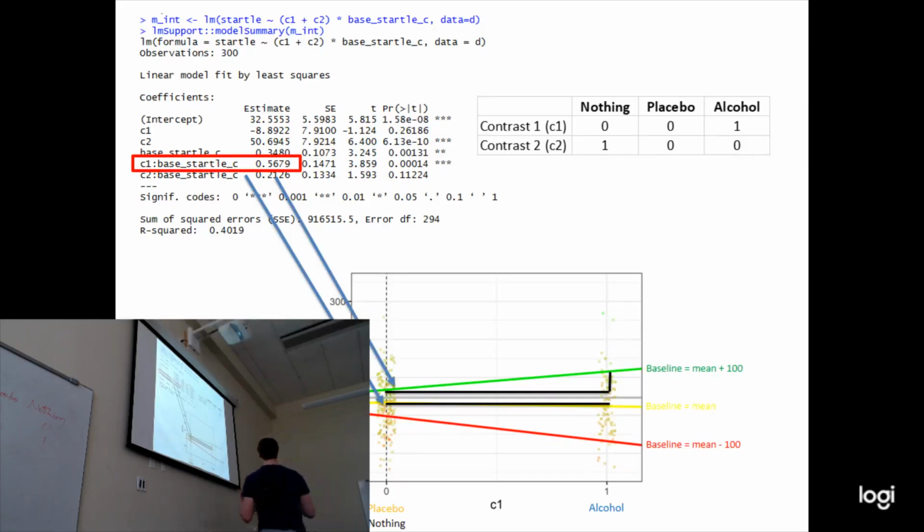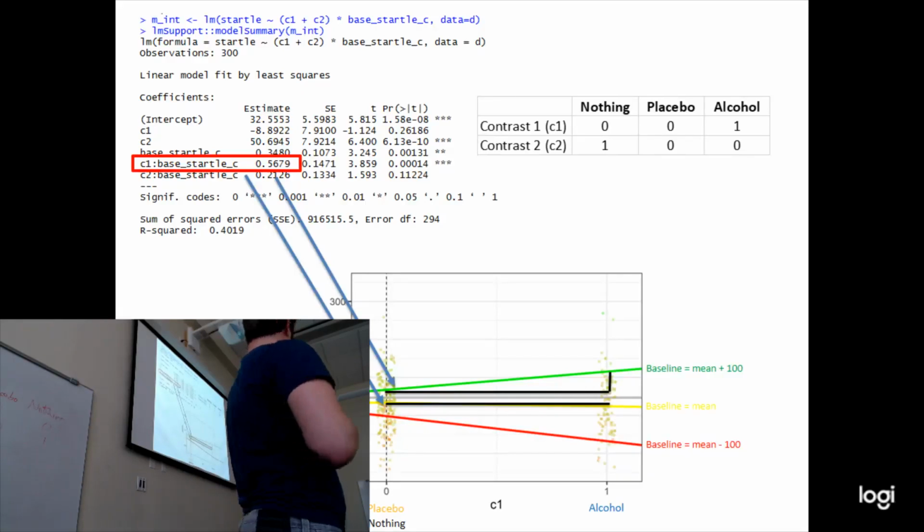So one way of thinking about that is that the physiological effect of alcohol is predicted to get stronger for every unit increase in baseline startle, in trait anxiety.